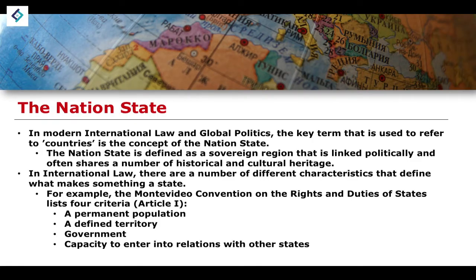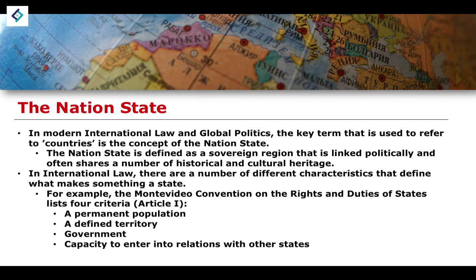The idea being that the first three criteria are actually physical criteria that exist in the real world. There has to be a physical permanent population. There has to be a physically defined territory. There has to be some kind of government that is obviously physical in nature. But the concept of a capacity to enter into relations with other states, that's more of a theoretical interpretation.